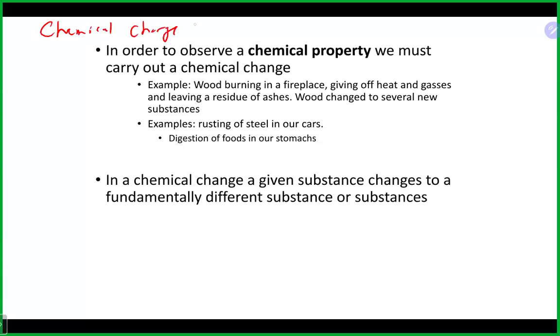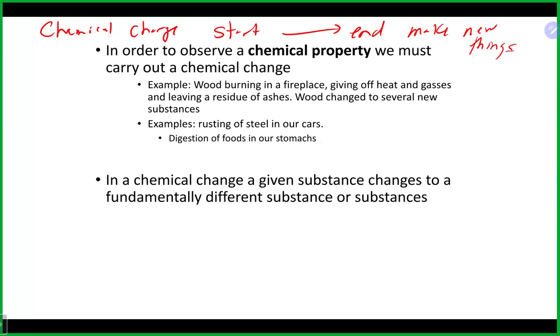What you start with and where you end up, you actually make new things. So fundamentally, you no longer have the same thing that you started with. If you take wood and you burn it, you pretty much have not got wood left. You got lots of other things that you made through that reaction of it burning.